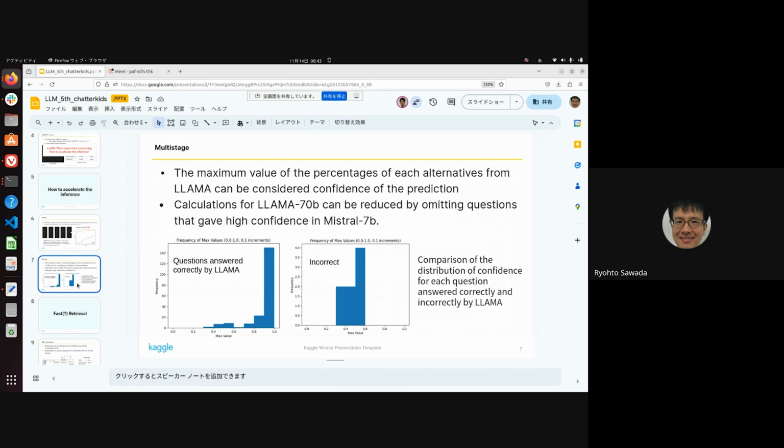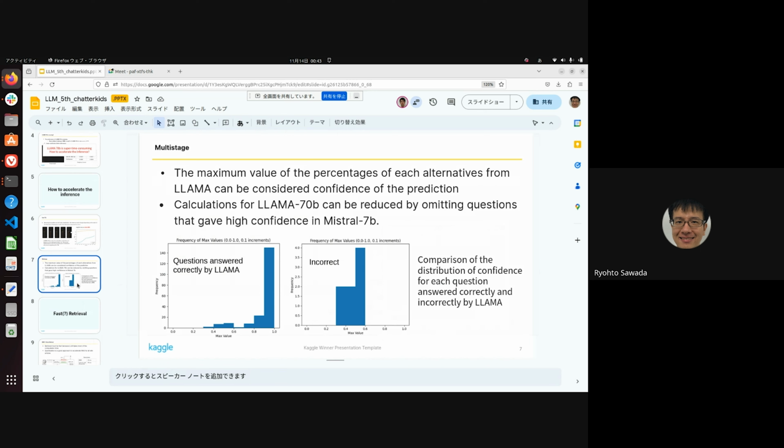Our second point is multi-stage implementation. As mentioned earlier, the LLM provides prediction as a percentage for each alternative. We hypothesize that the maximum percentage value among alternatives reflects the confidence of the prediction.